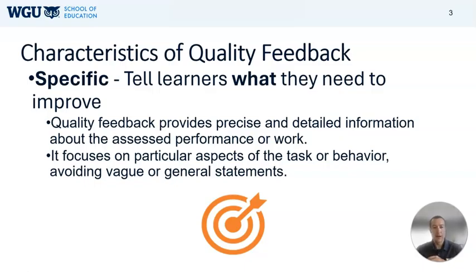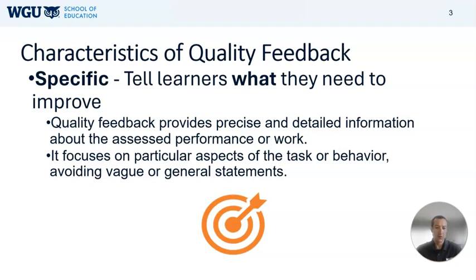Quality feedback is going to have three main characteristics, and we want to make sure that all of our feedback follows these three specific characteristics. The first one, being specific, is where we're telling learners exactly what they need to improve on. The more precise we can be, the more detailed we can be, the better here. We want to identify the exact task, knowledge, skill, ability, behavior that was in an assessment that we want to improve.